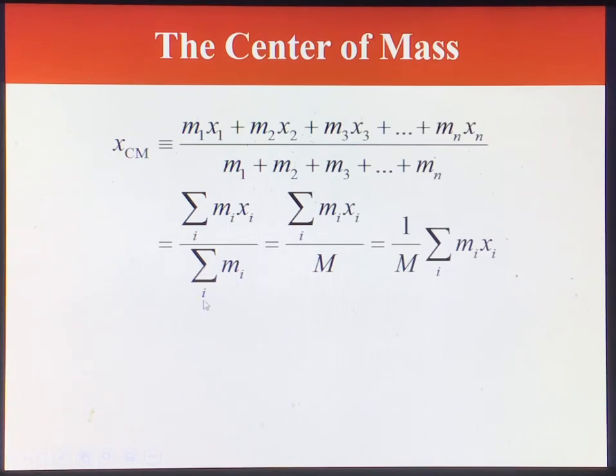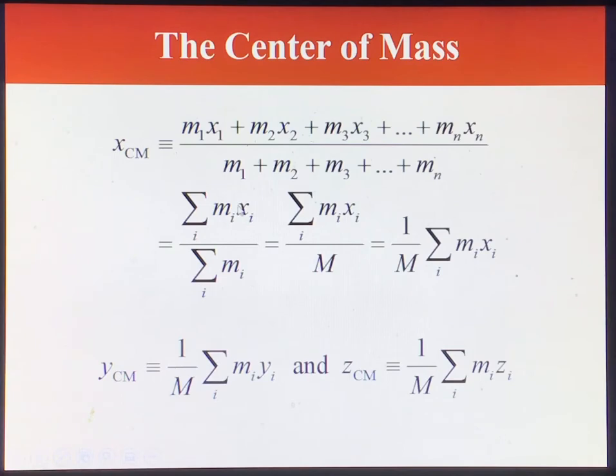So the sum over i of m_i just gives me the total mass of the system. And so if you rearrange this equation, you can write it as 1 over the total mass times the sum over i of m_i x_i. So we use this equation if you have more than two masses in your system that you want to calculate the center of mass.